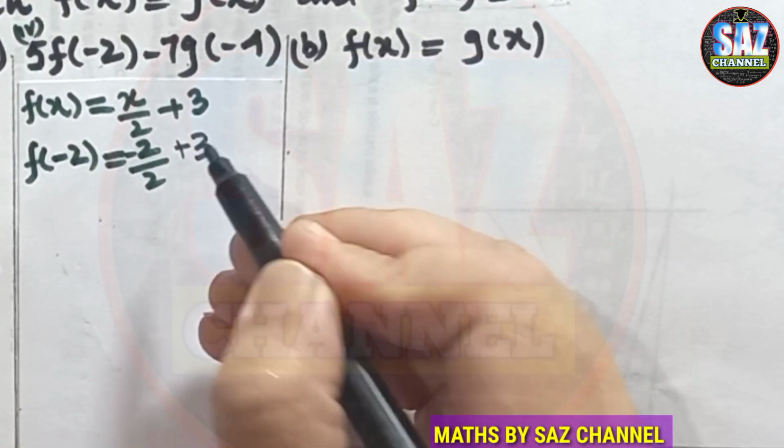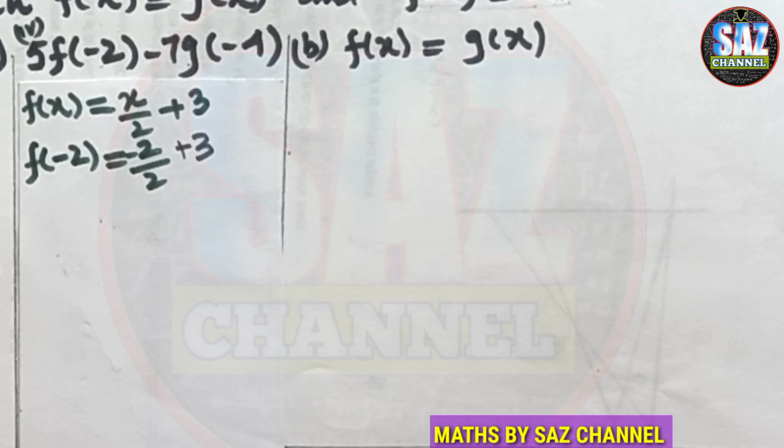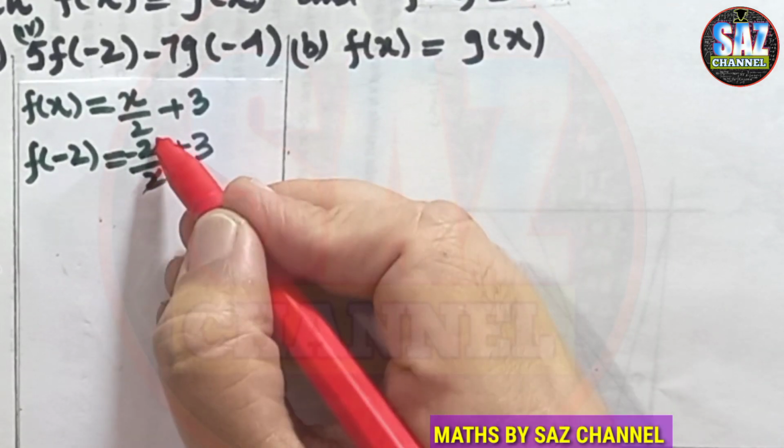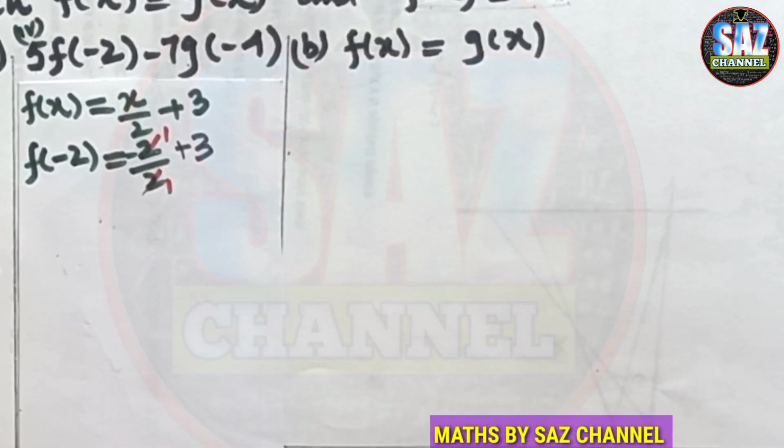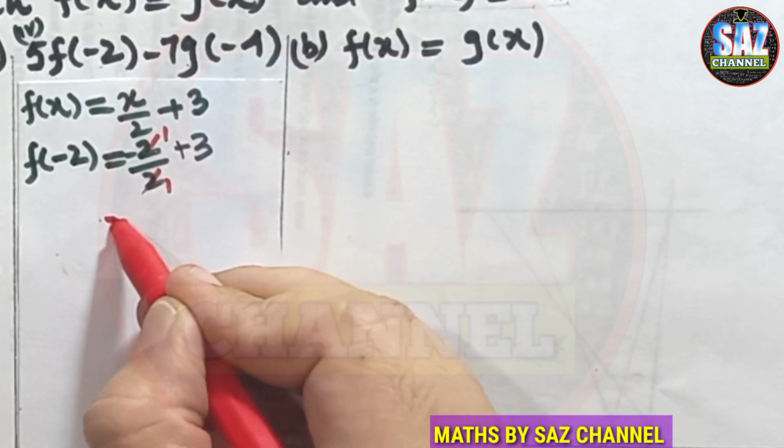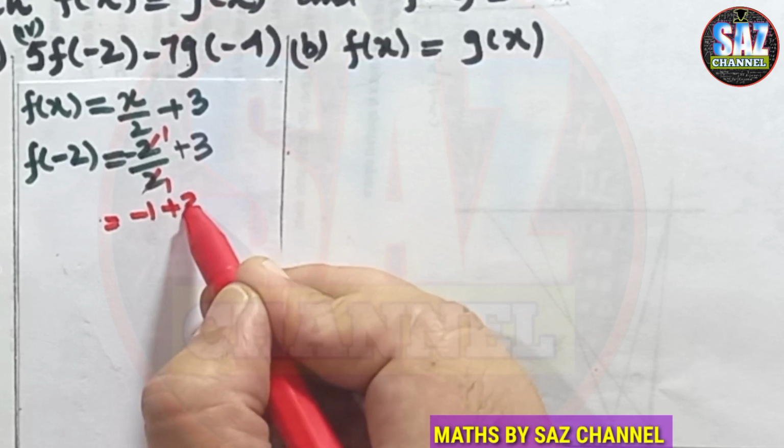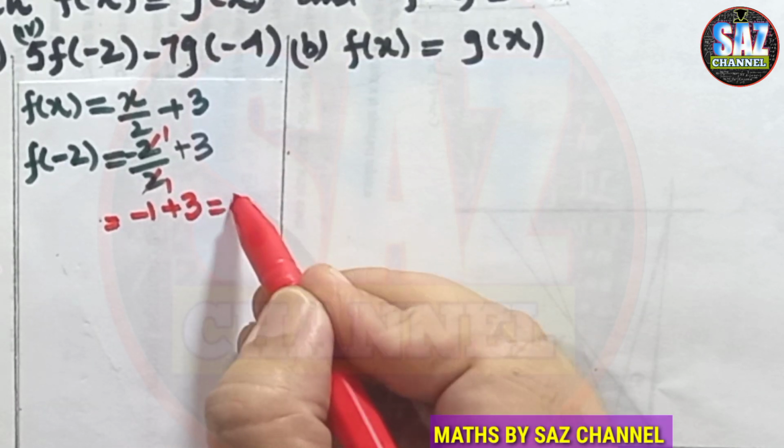Now simplify this: 2 ones are 2 and 2 ones are 2, and I will be left with minus 1 plus 3, and that will give me 2.